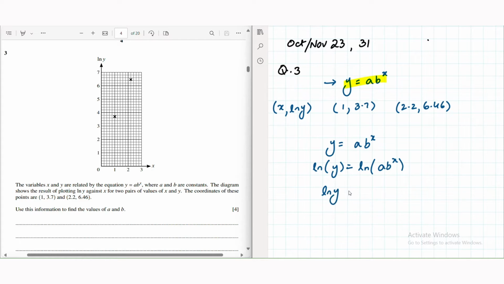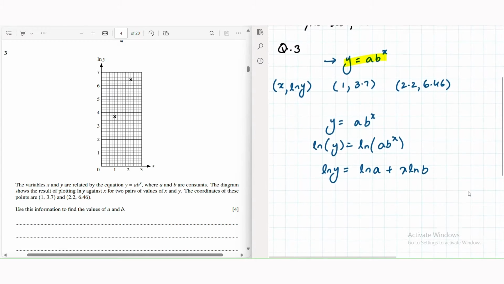So ln y remains as it is, but ln of a b raised to power x can be separated into ln of a plus x ln of b. This is just simply using the laws of logarithms, nothing else over here. So since a and b are constants, ln of a and ln of b are also simply just constants.